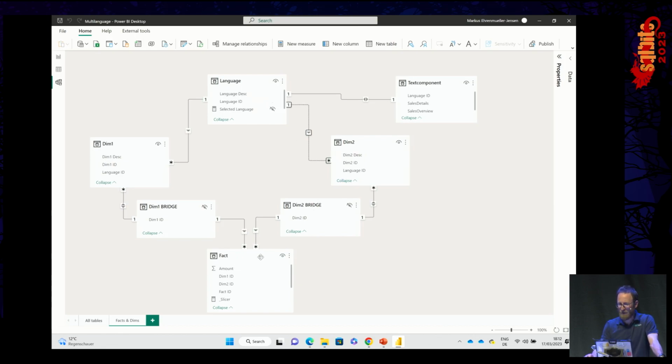Power BI says, I don't know how I should filter the fact table by this language table. I know it, we don't care, right? It's not an issue because I have all the languages in both dimensions, but for some reason Power BI says, no, you cannot do that. So I could not use the relationships, and that's why I keep them inactive.